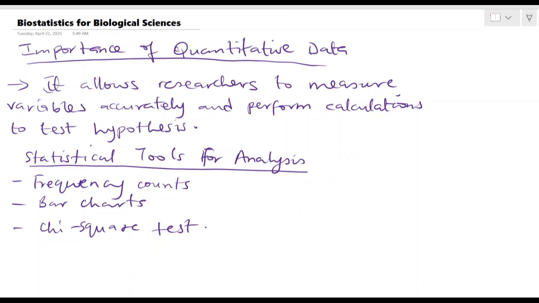Then right here we could have discrete data, and right here we could have continuous data.